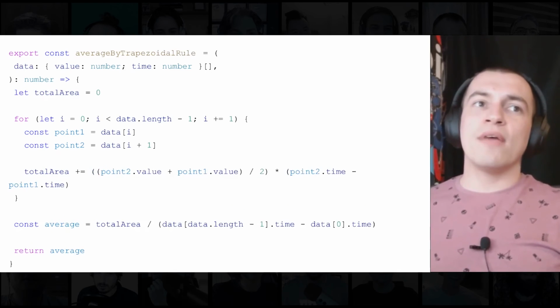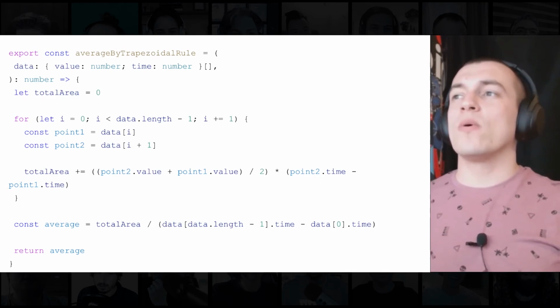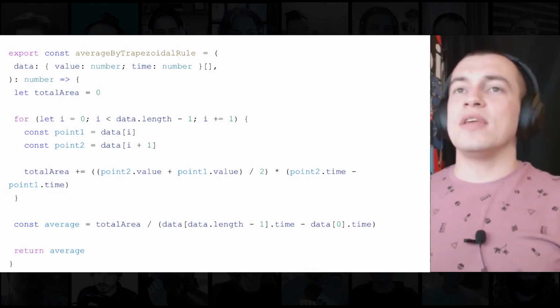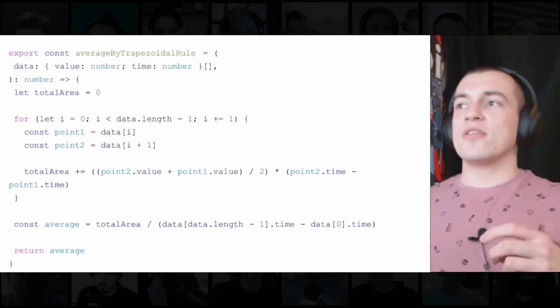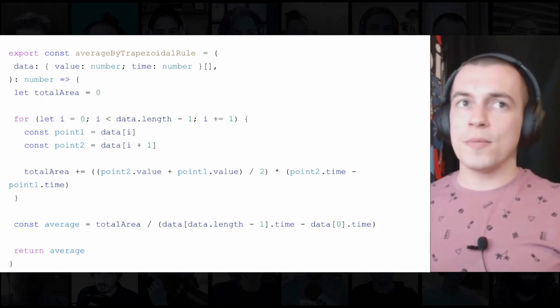And for average by trapezoidal rule, we do pretty much the same, but the increment now is the average value of the 2 points that we have in our for loop.